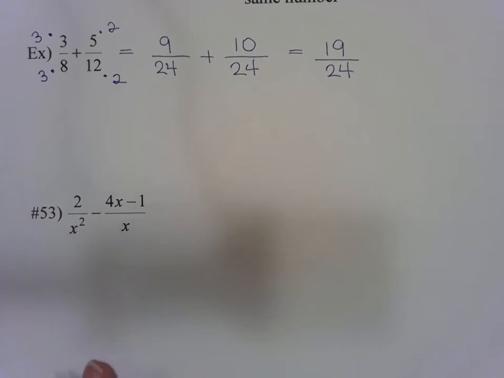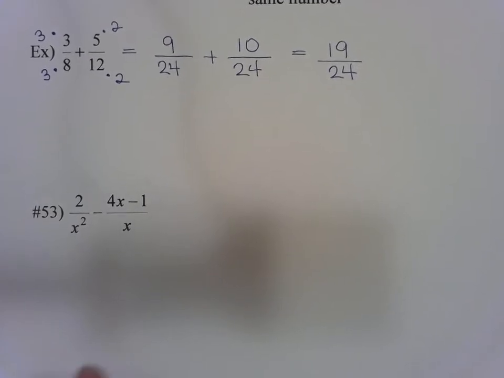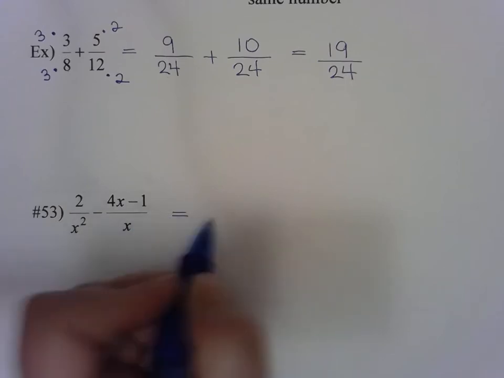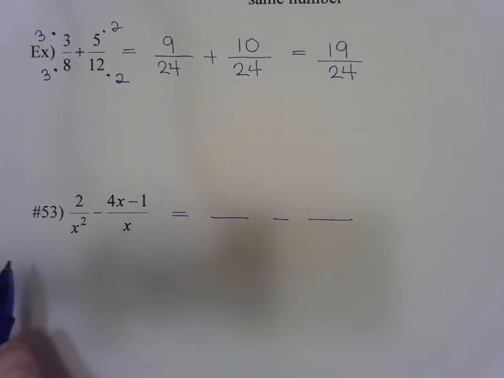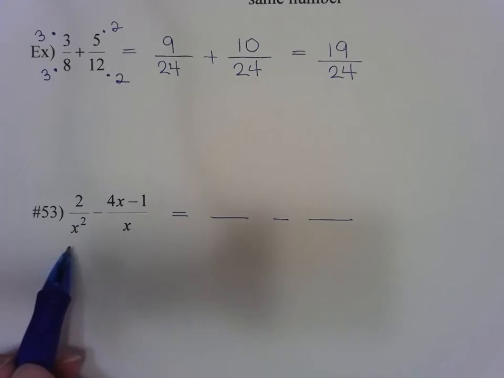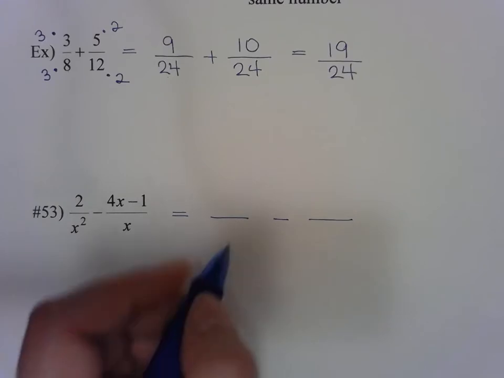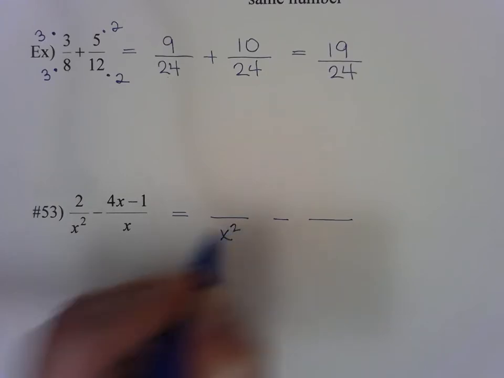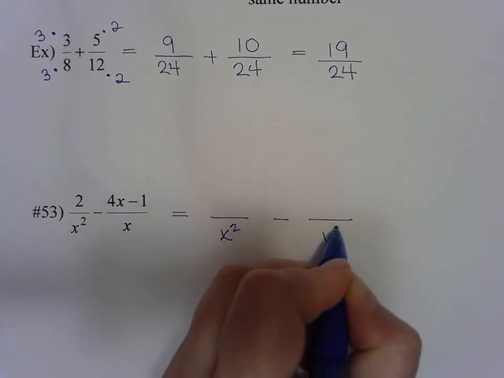All right, so let's use that idea to do one with variables. Okay, so these actually have a common factor of x, which means that I don't have to multiply these and use x cubed. I can use x squared because x squared goes into x squared and x goes into x squared evenly.